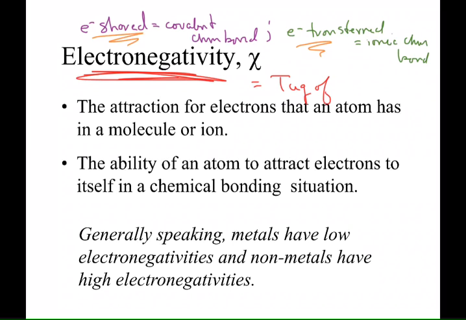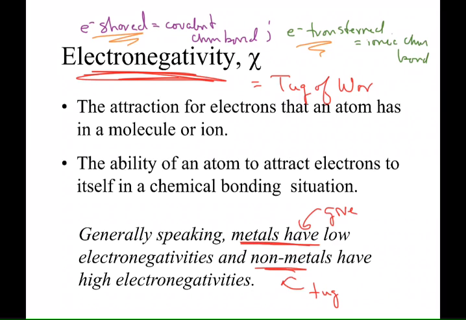And as it turns out, metals don't have much pull, and nonmetals pull the most. So nonmetals have the greatest tug of war for electrons. Metals basically give. If you're playing tug of war and you give the rope away, I guess you lose, right?